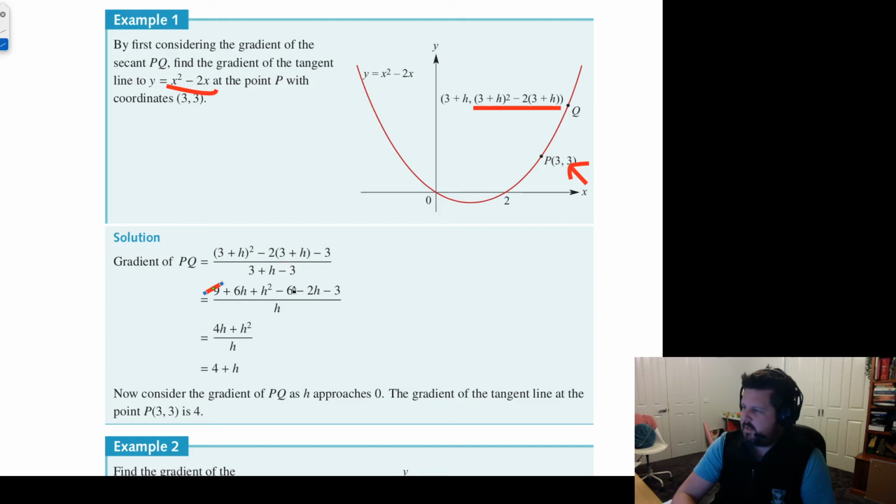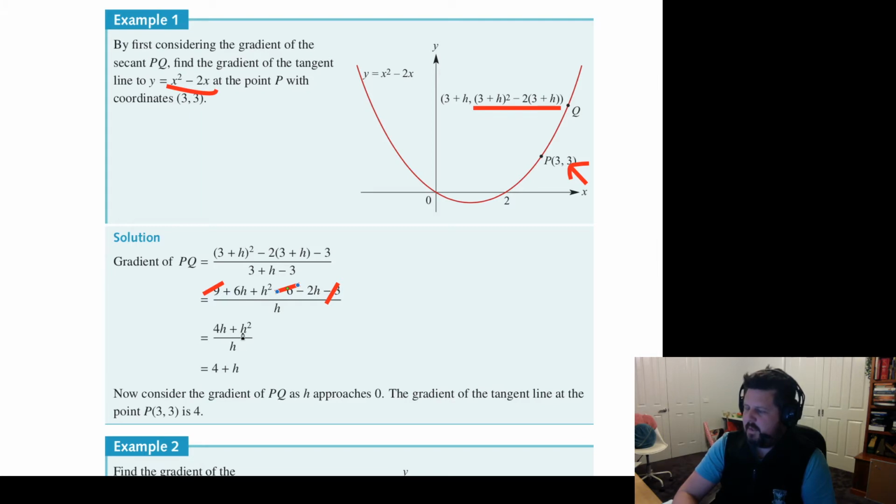Take away the 6, take away 3. 9 take away 6, take away 3 is 0. So they cancel out. You're left with, on the top line, 6h plus h squared take away 2h. So that's these h's here cancel down to 4 lots of h plus h squared over h, which gives us this here.